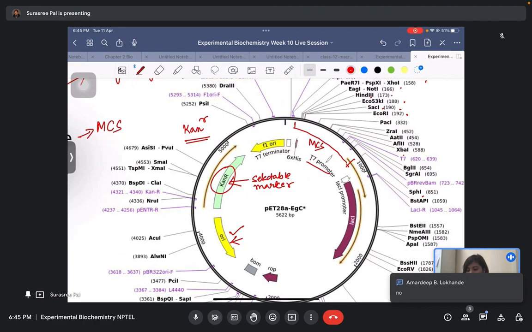Basically, this T7 promoter is the promoter for the T7 RNA polymerase gene of the bacteriophage T7. So this promoter is associated with the production of RNA polymerase of the bacteriophage T7.